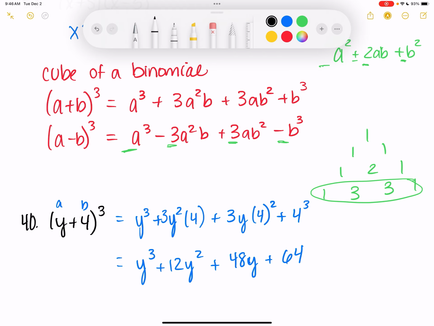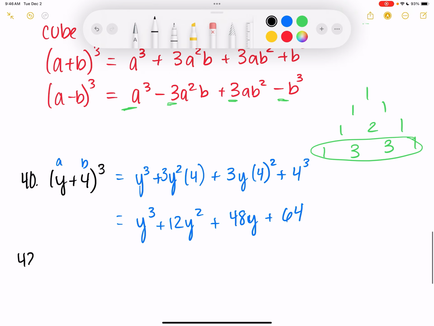But number 42, 3t minus 4 cubed. So difference here is my a term is 3t. That all goes together. So when I cube it, I'm cubing the whole thing. So I usually just write 3t and then cubed. If you want to go ahead and multiply it out, be my guest.